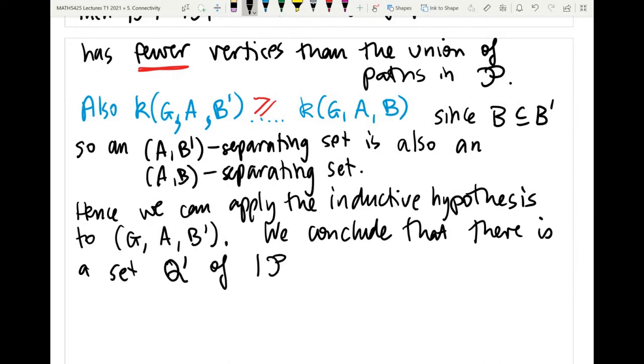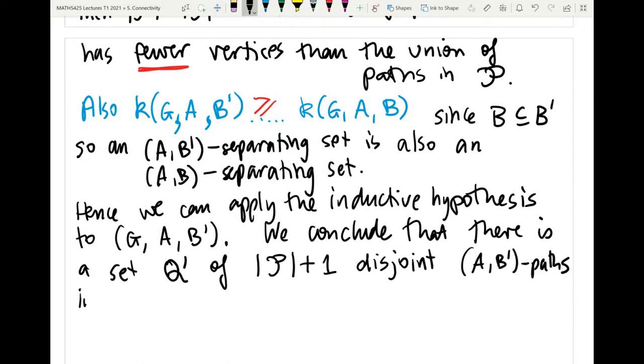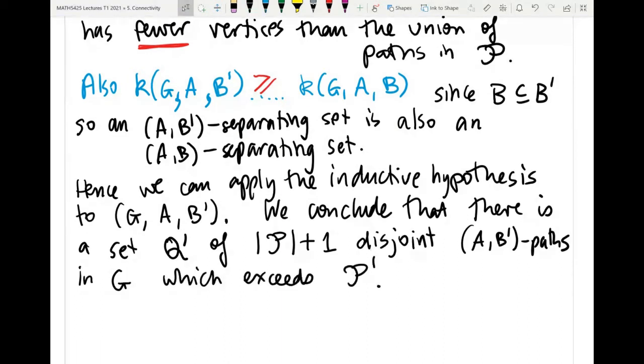We've made curly P primed bigger by 1, but we also know that curly P primed has exactly the same number of paths as curly P. So it is in fact a set of curly P, number of paths plus 1, disjoint A, B primed paths in G, okay, which exceeds curly P primed. Phew, right, excellent.